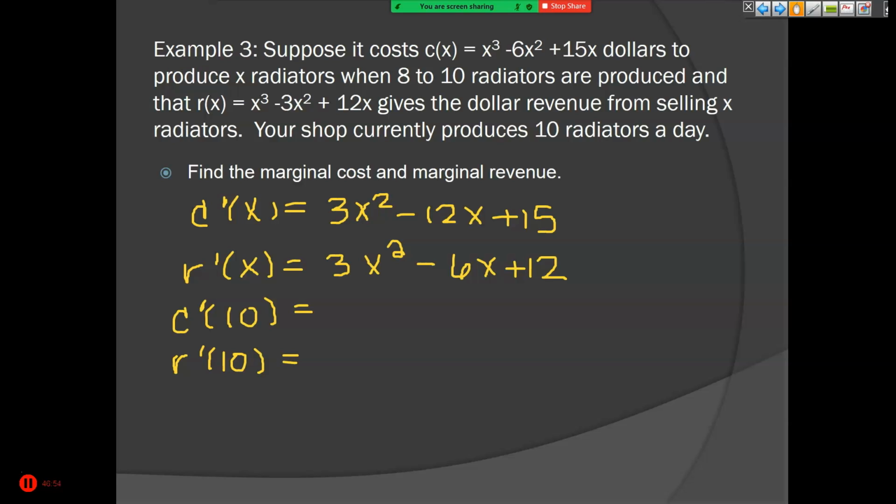So the cost would be 3, 10 squared is 100. So you get 300 plus 12, which is 312, minus, oopsies, that should be a 12 times 10. Minus 120.